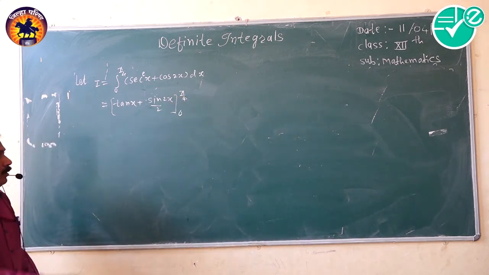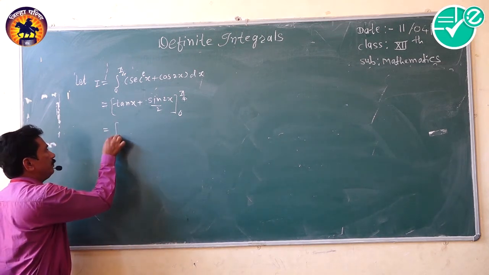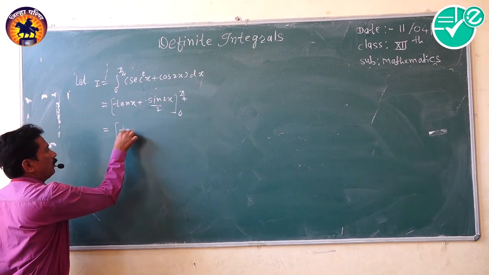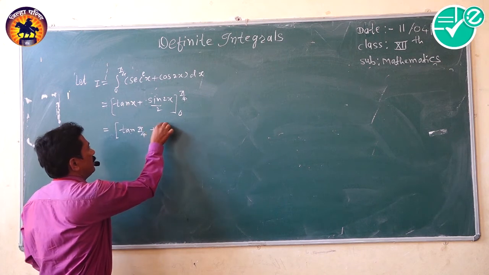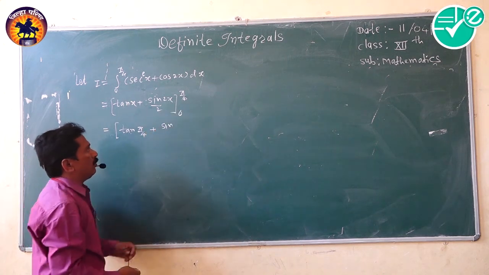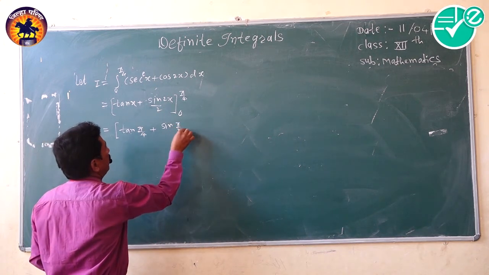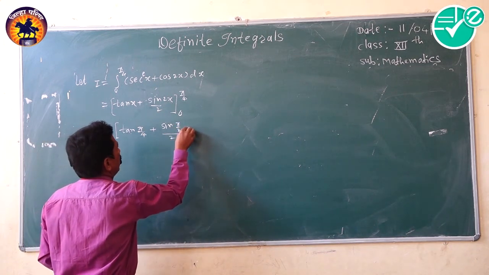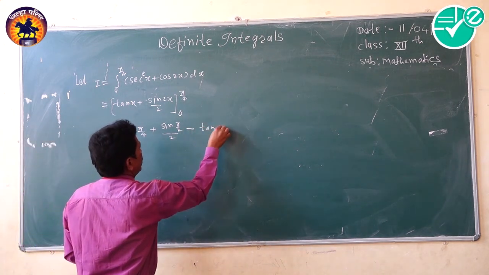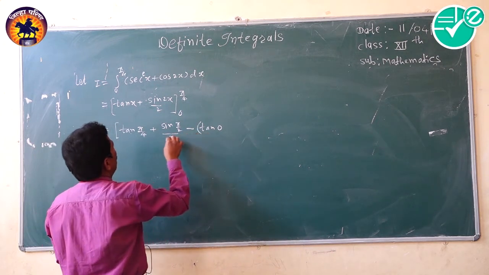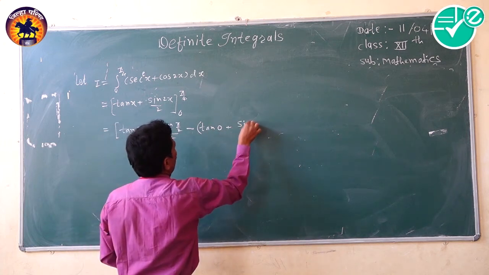Therefore this is equal to, substituting upper limit, tan pi by 4 plus sin, we are putting x as pi by 4, so 2x will be pi by 2, that is sin pi by 2 upon 2, minus lower limit tan of 0 plus sin 0 upon 2.